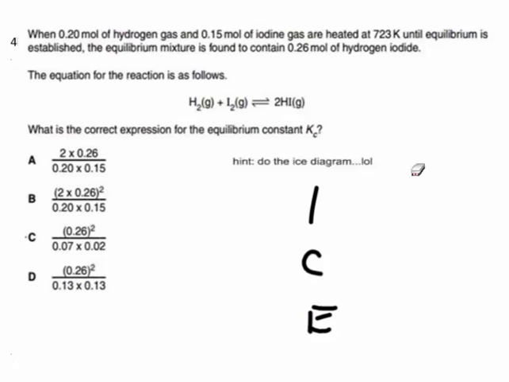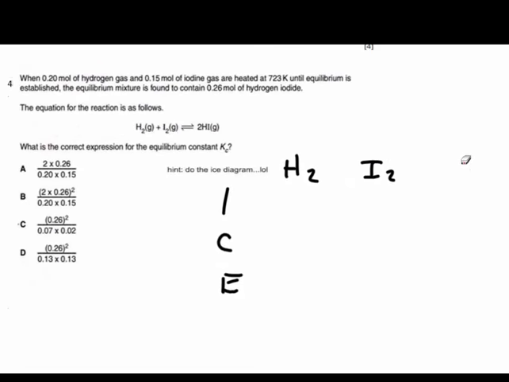Remember, that stands for initial. So we're going to write out, well, we have hydrogen, I have iodine, and I have HI. Right? So we know originally I have 0.2 moles of H2. I have 0.15 moles of I2, and originally I have 0 moles of HI.